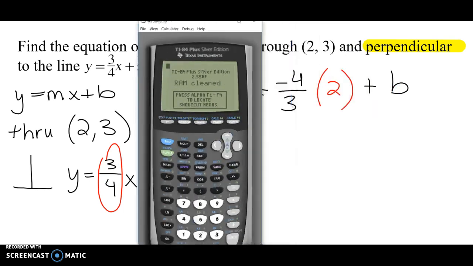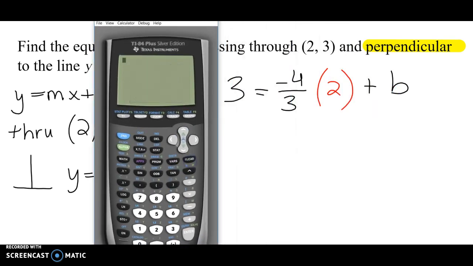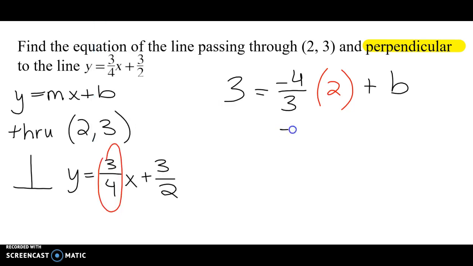You can. I don't care really at this point in time if you still don't know fractions. So -4/3 times 2. The way we multiply fractions is across the top, so it's going to be -8/3. But in your calculator, how do you turn a decimal back to a fraction? Math 1 enter. So that is -8/3.